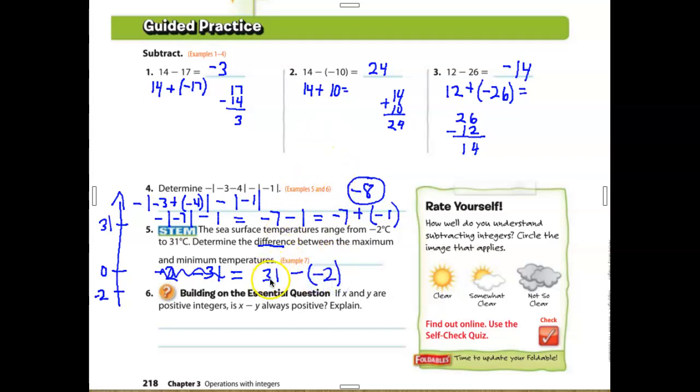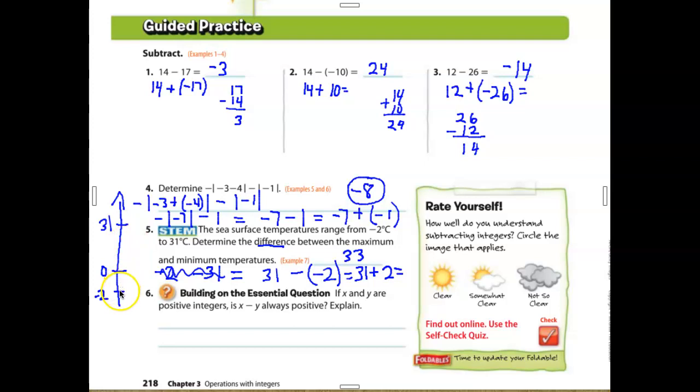Okay, so positive 31 minus negative 2. So I need to write the equivalent addition expression, which is going to be what? We're going to keep the 31, and we're going to add the opposite of negative 2, which is positive 2. So what is 31 plus 2? Very good. The answer is 33.